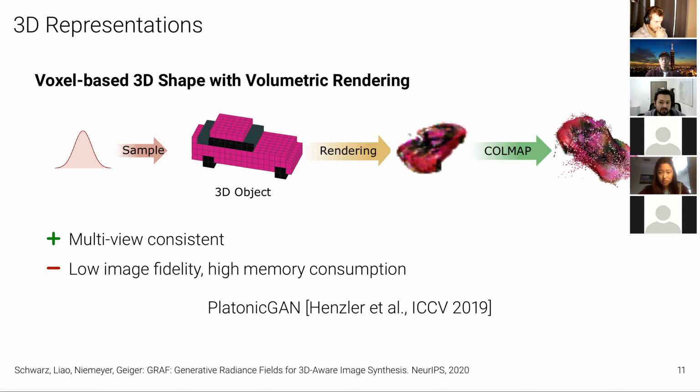Here we find that it is multi-view consistent, but for voxel-based methods, you have this problem that they scale quite badly, and so we find that it leads to low image fidelity. So you don't have that high image quality at the end. The reason why voxels scale so badly, and you're probably all familiar with it, is that if you want to increase the resolution, your memory requirements grow cubically, right?